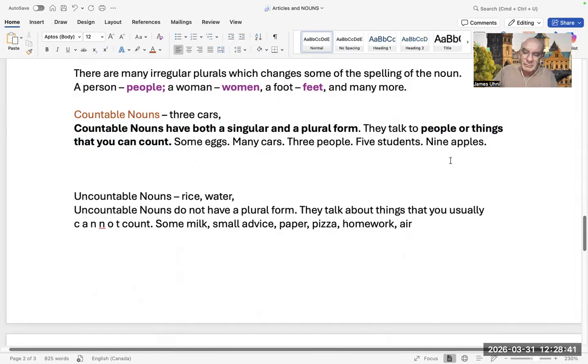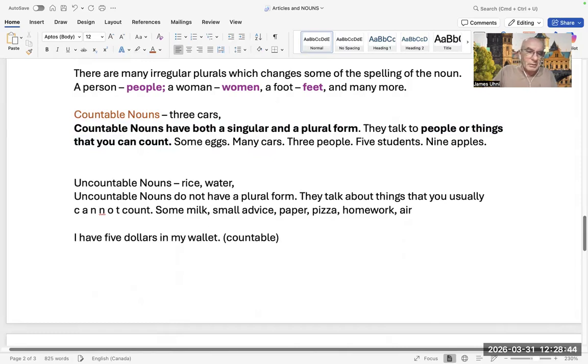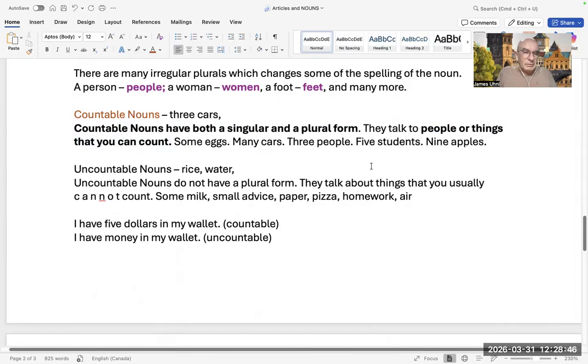Many cars, 3 people, 5 students, 9 apples. Then there are, I will bring it up a little bit, uncountable nouns. And those uncountable nouns I will make also brown. Uncountable nouns do not have a plural form, which is very important.